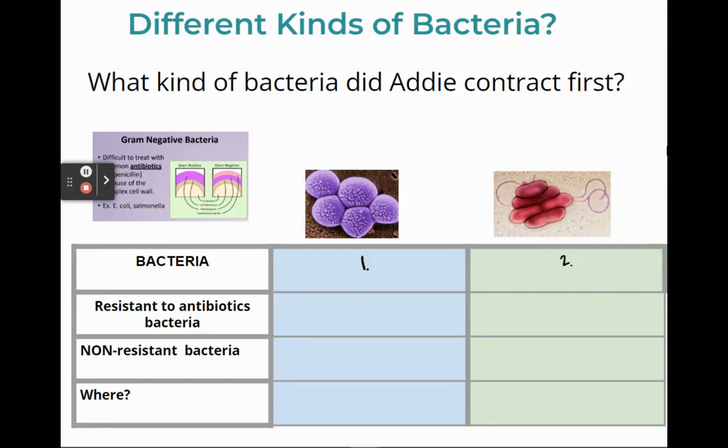During those times where Addie started to feel better, some of the bacteria that she got infected with were not resistant, meaning antibiotics could kill them. Those were the times where she started to feel better, where the bacteria that could be killed off were killed off. But the few bacteria within her that were resistant started multiplying and multiplying and multiplying, and then she was basically filled with those resistant bacteria.